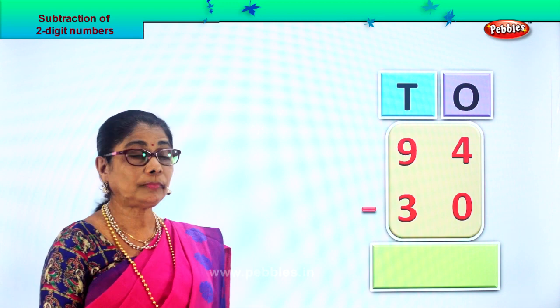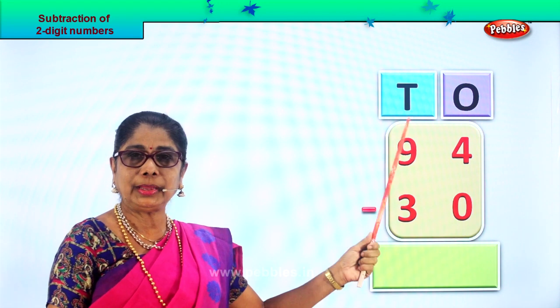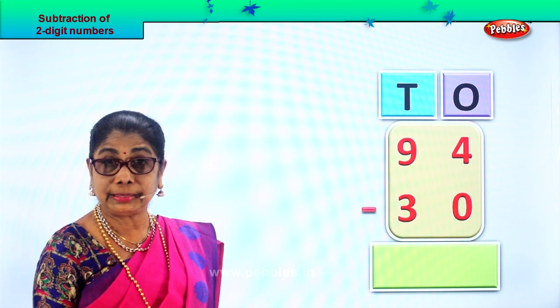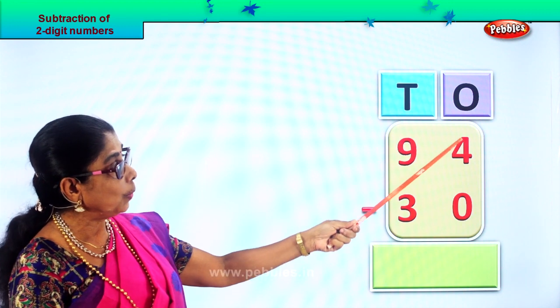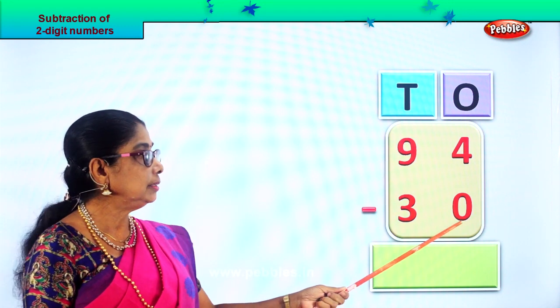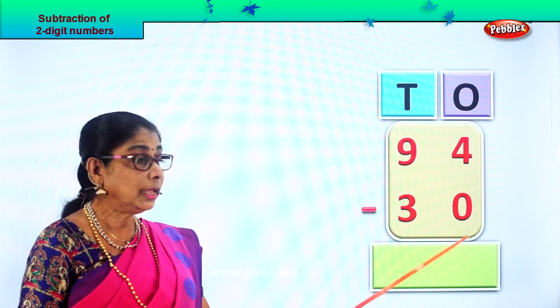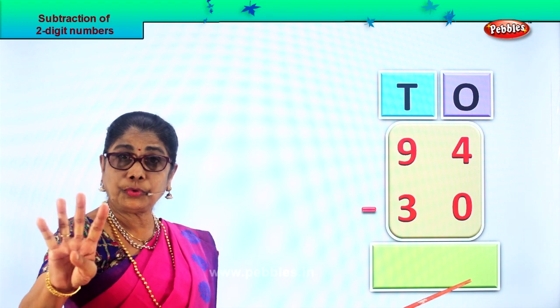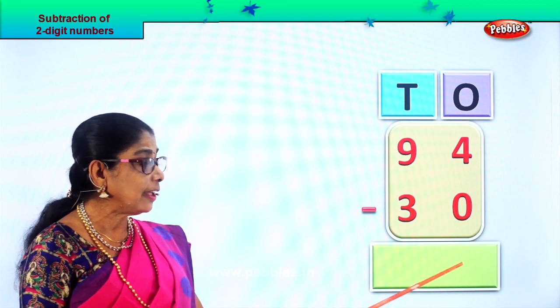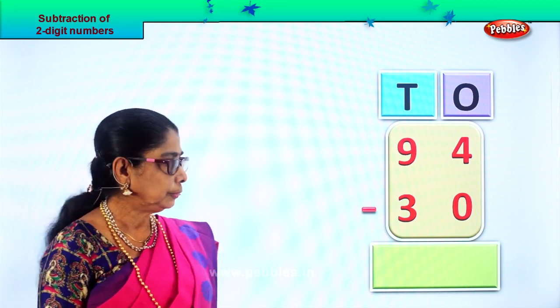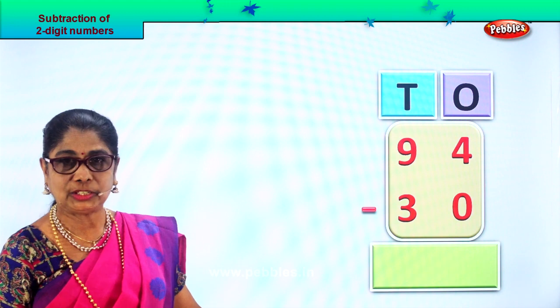94 minus 30. 94 take away 30. In the ones place we have 4 ones minus 0. 4 take away 0. 4 minus 0 is 4 itself. So we write the 4 down in the ones place.